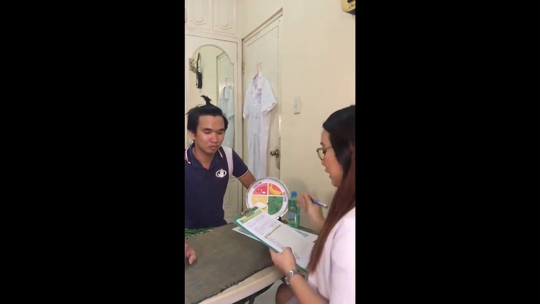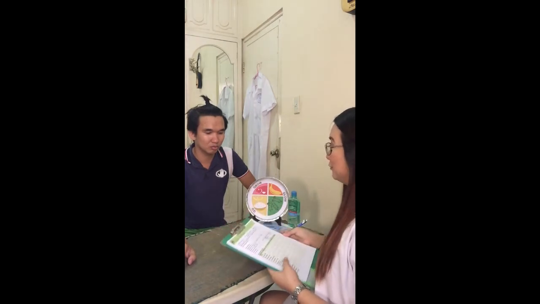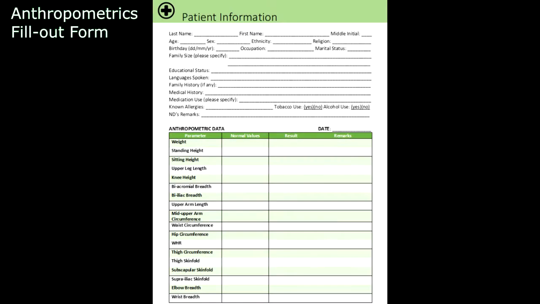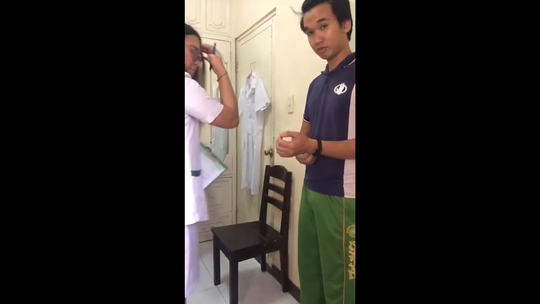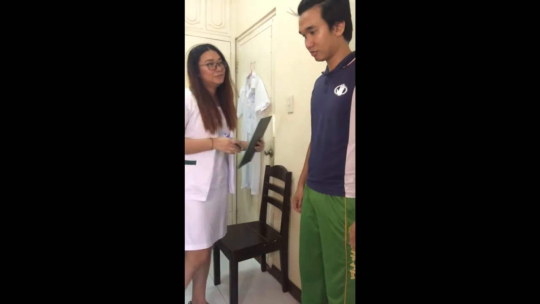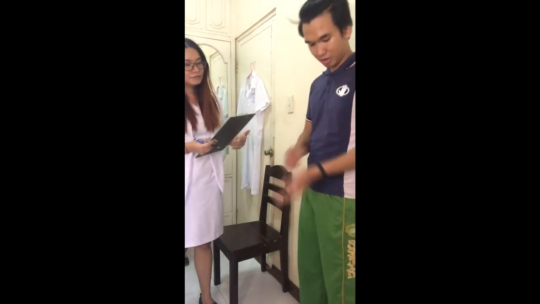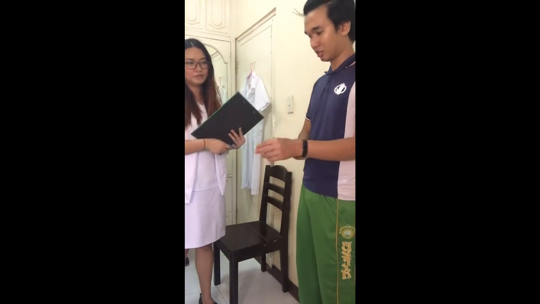Thank you, sir. We will now proceed to doing your anthropometrics. Okay, sir. So we'll now be taking your weight. Do you have anything in your pockets? No, just a watch. Okay, you can take that off now.